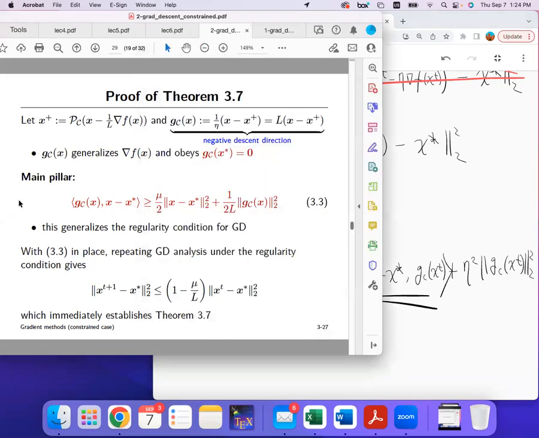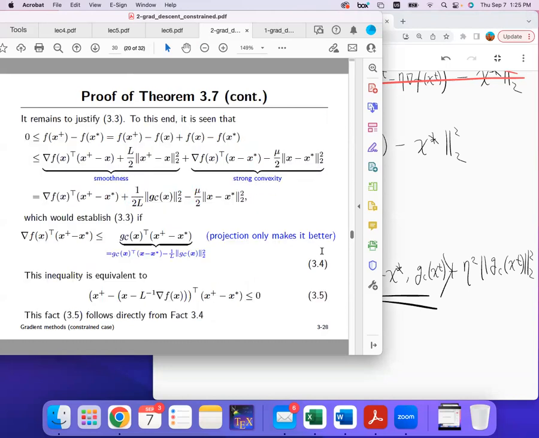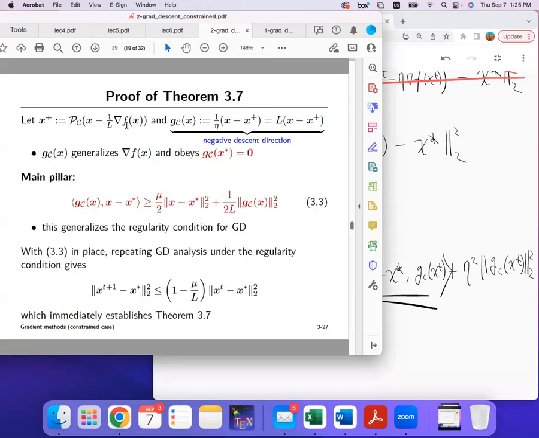So I will not write down all the details. The key here is to prove this key inequality. So it remains to justify 3.3. 3.3 is this key inequality.